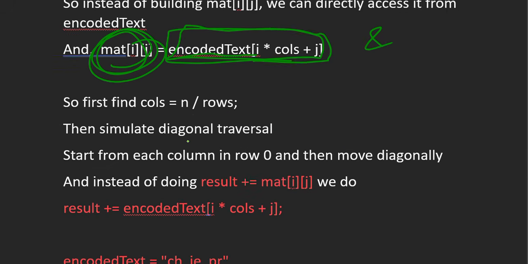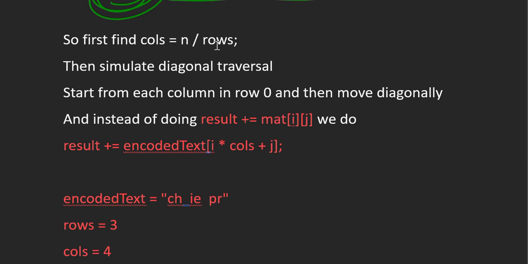So first we find the columns, that is n divided by rows, and then simulate diagonal traversal. We start from each column in row number 0 and then move diagonally. And instead of result plus equal to matrix of i, j, we do result plus equal to encoded text of i times columns plus j. And I already explained how we get this.